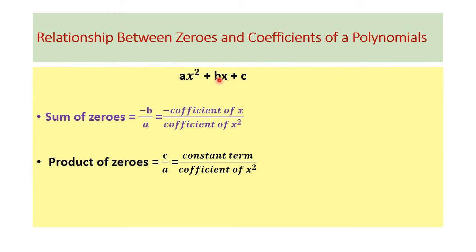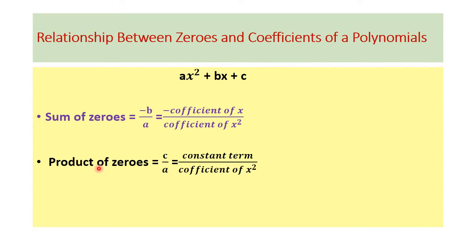This b is the coefficient of x. This is minus coefficient of x upon coefficient of x square. These two are the same thing: minus b upon a, and minus coefficient of x upon coefficient of x square, where a is the coefficient of x square.